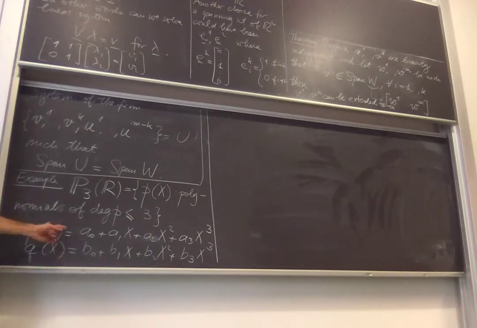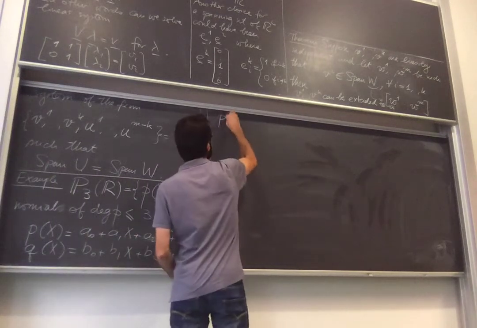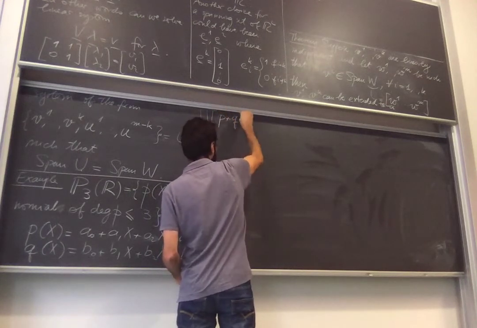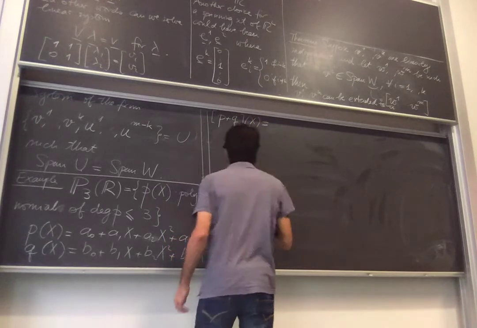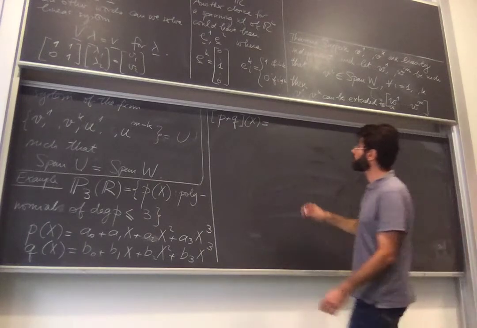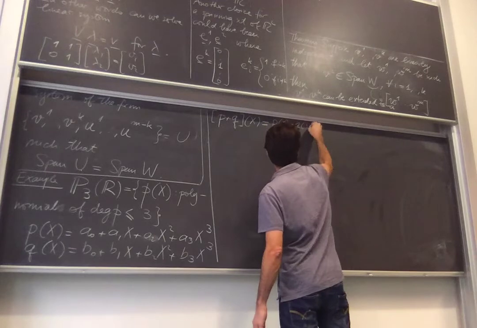Well, you match the powers, right? So what is the sum p plus q as a polynomial? Think of this being one object. So (p plus q)(x), which is also sometimes written as p(x) plus q(x).